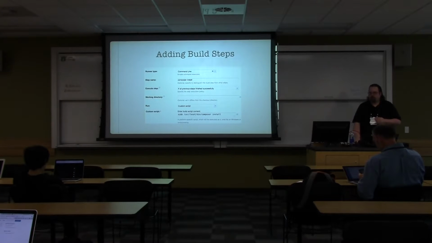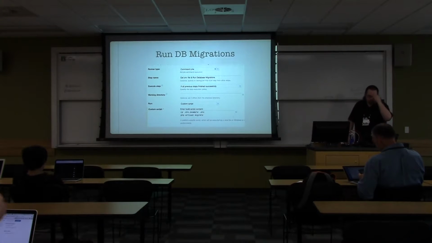So now that we're testing a real thing, we want to add our build steps, and the first thing still is going to be running composer install. And then we want to run our database migrations. And this is where we're kind of doing two things at once.